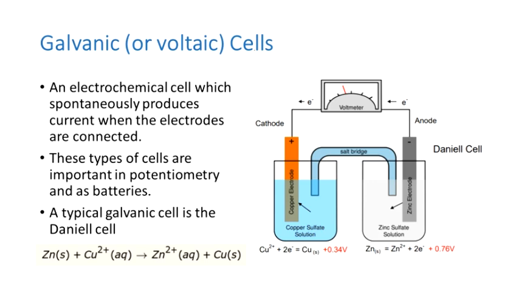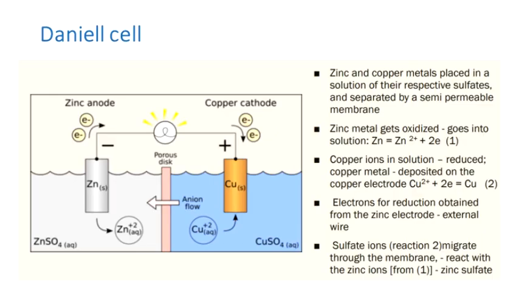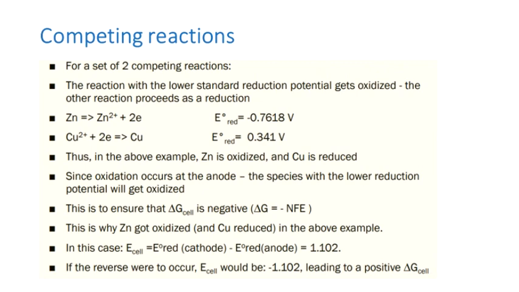This Daniell cell consists of copper electrode and zinc electrode, and zinc atoms get oxidized in this Daniell cell and form zinc ions, whereas Cu ions get reduced and form Cu atoms.